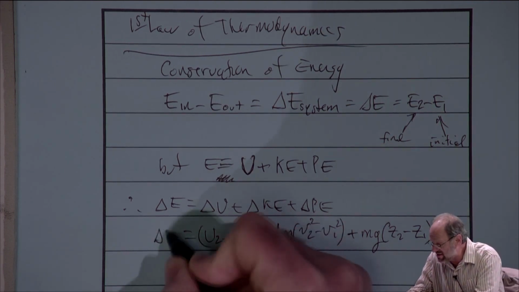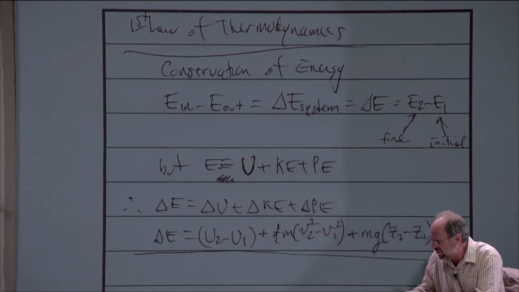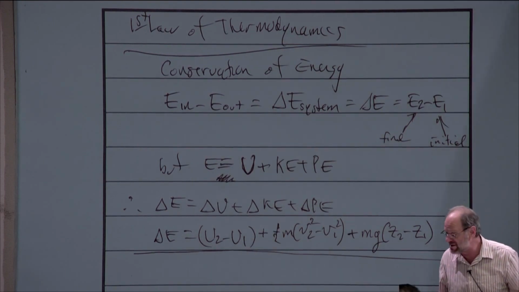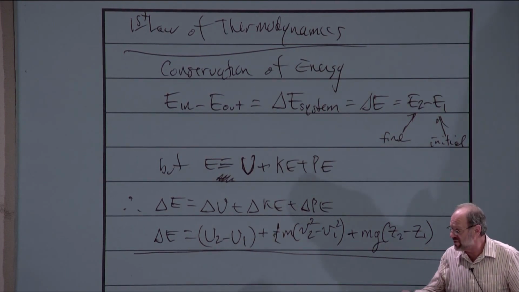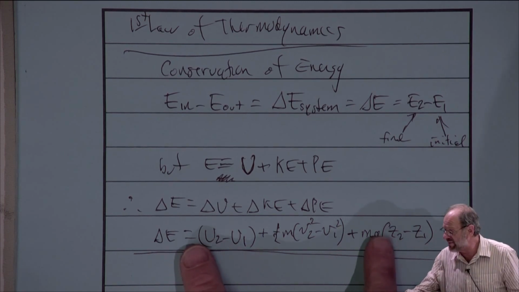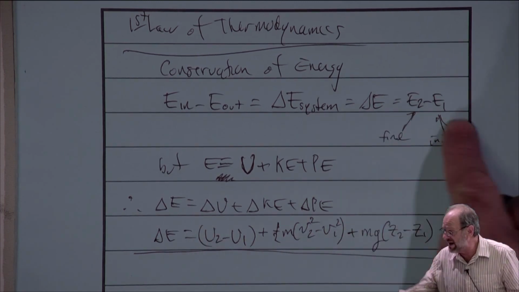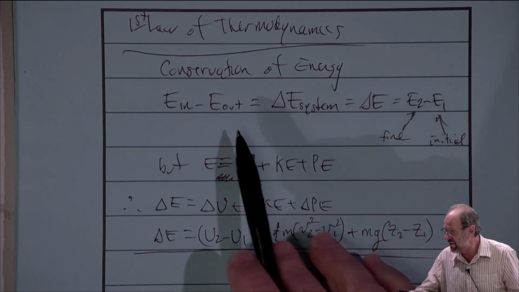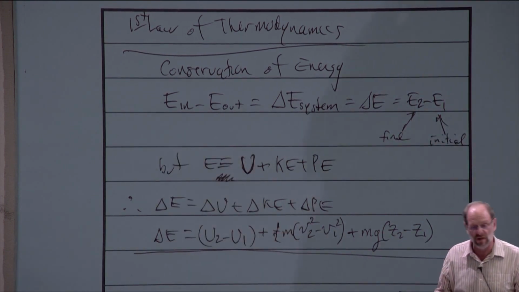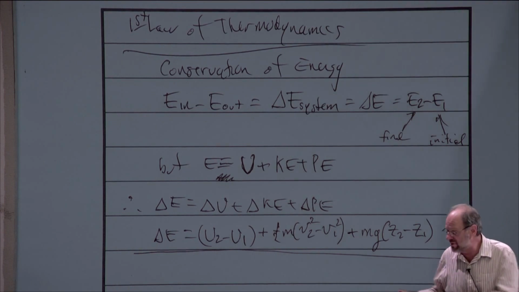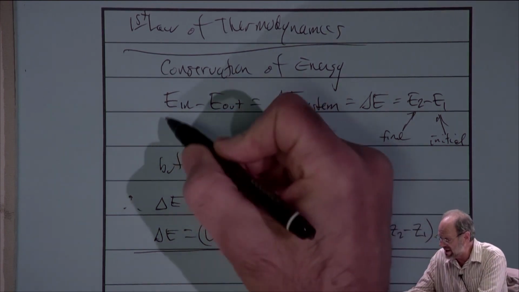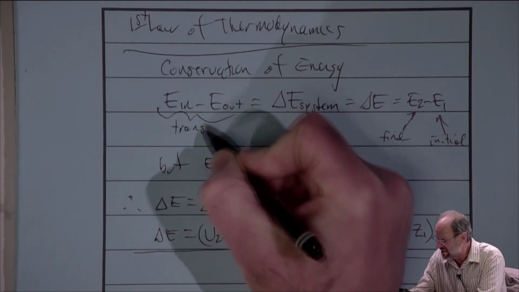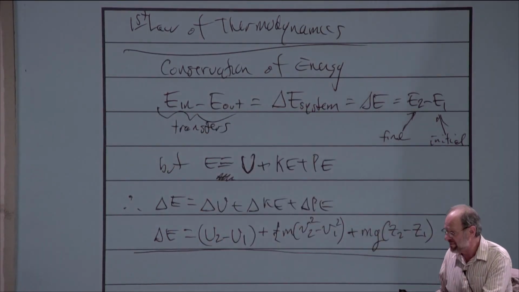So this is really a more formal statement of the first law of thermodynamics. However, this really just represents the right-hand side of the equation above, right? What about the left-hand side? What about the E in minus E out? So what we can do is note that this E in and E out represent the transfers of energy.